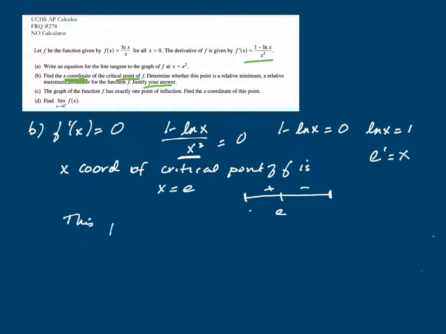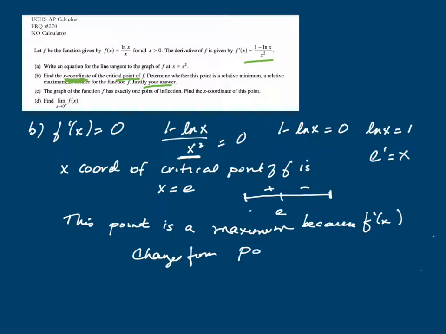This point is a maximum because f prime of x changes from positive to negative at this point. Okay, so that was B.